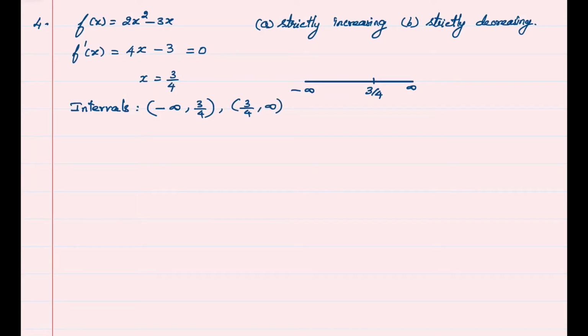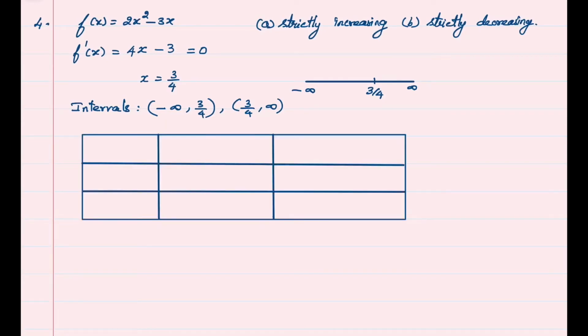Now we will check whether f dashed is positive or negative in these intervals. We will write intervals in the first column. We will check sign of f dashed and we will decide the nature of f. The intervals are minus infinity to 3 by 4 and 3 by 4 to infinity.